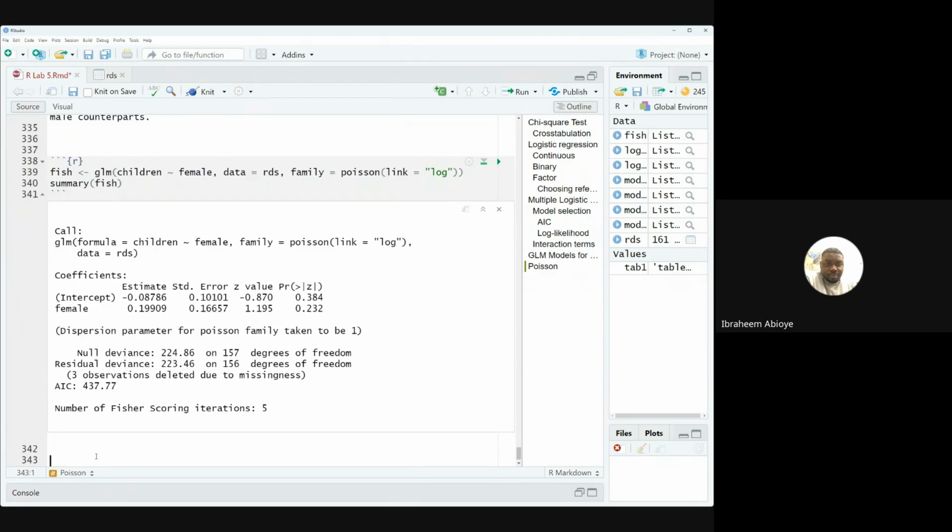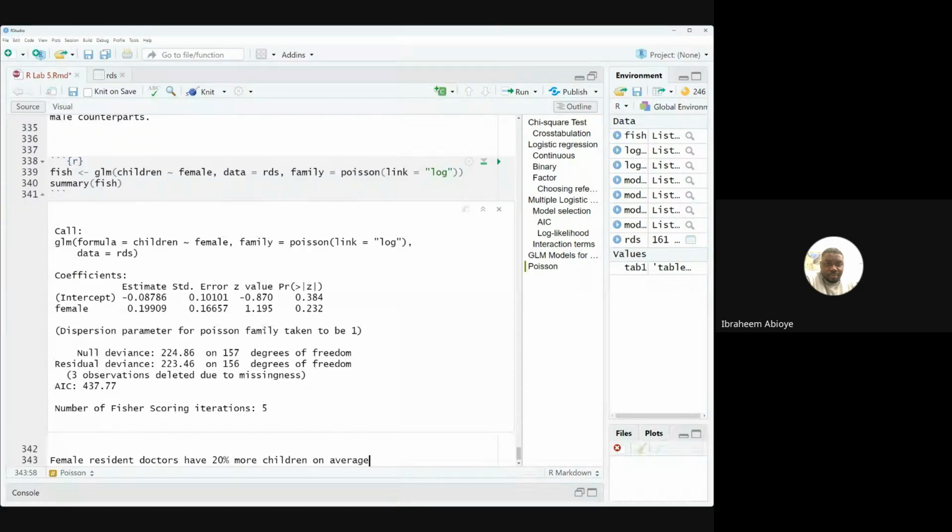Female resident doctors have 20% more children on average. And if this were minus 0.199, it would be 20% fewer children on average. I don't know if this is clear.